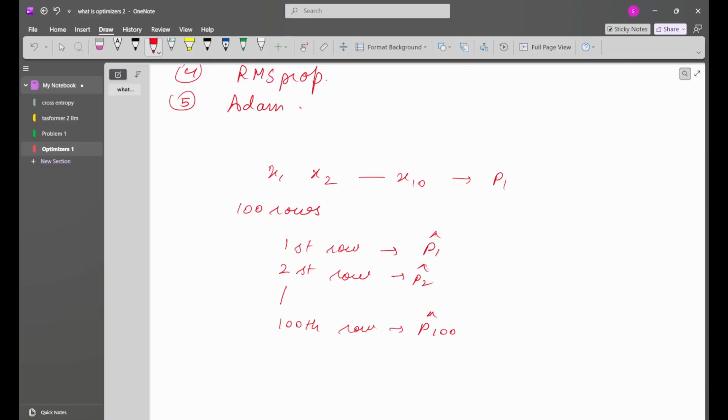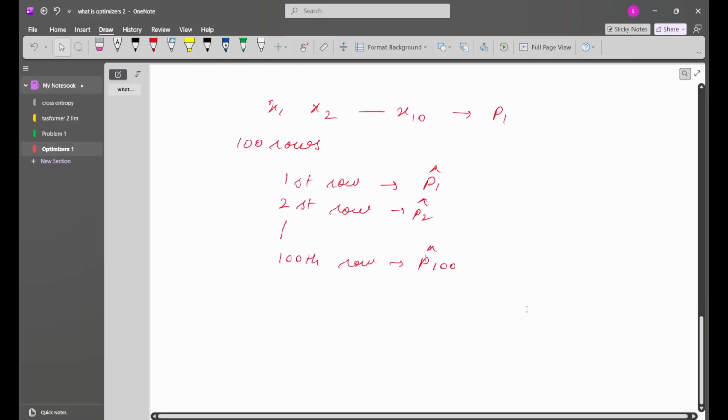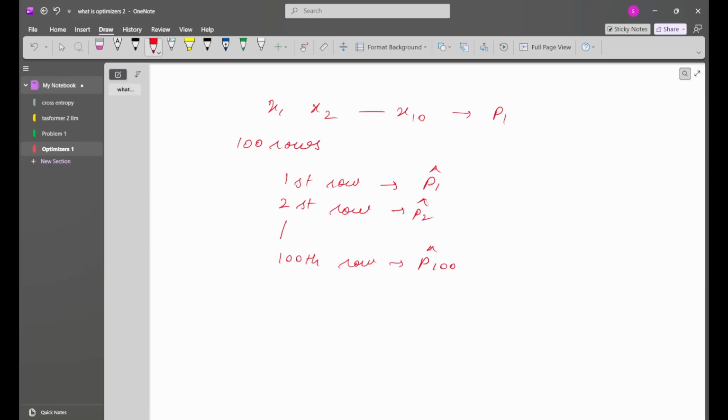Then we compute loss. So in gradient descent, we use the whole dataset, predict all 100 prices, and then compute loss. The loss will be 1 by n summation of P cap minus P, i from 1 to 100.